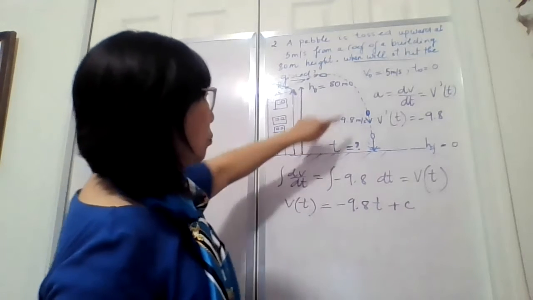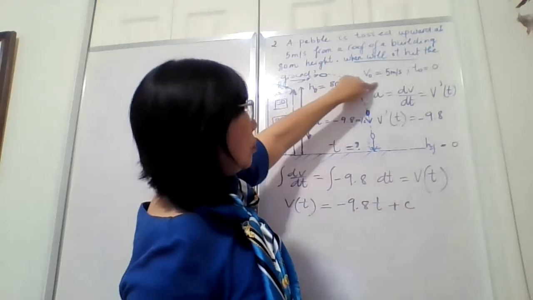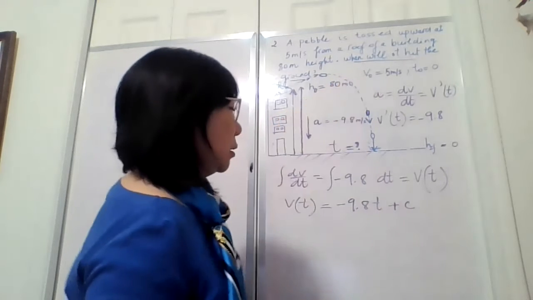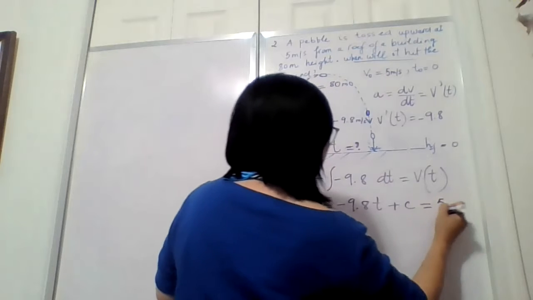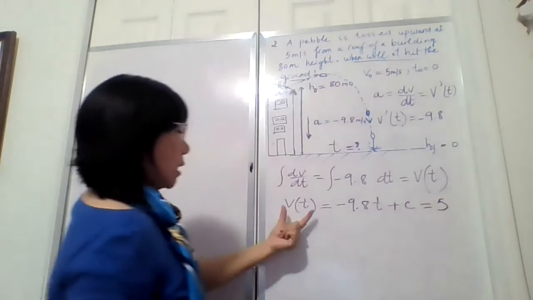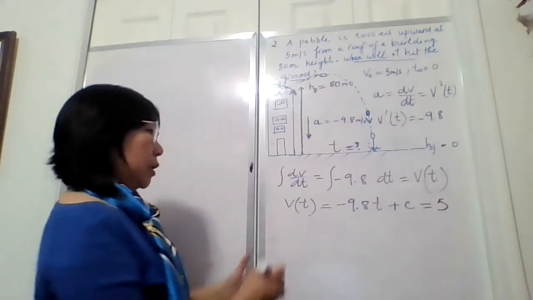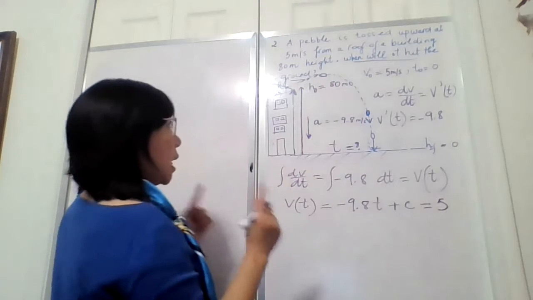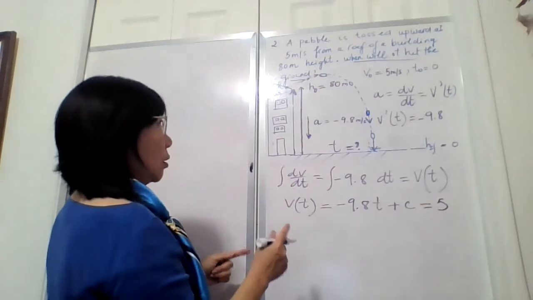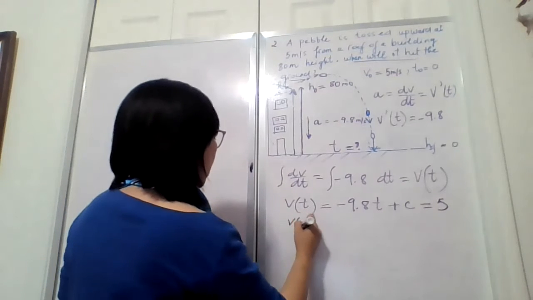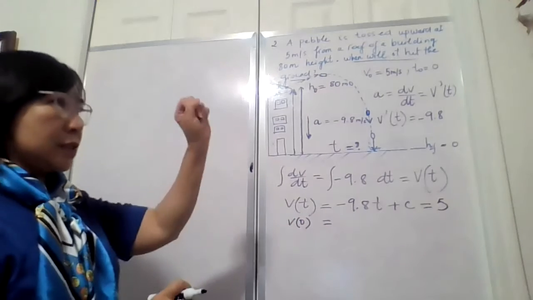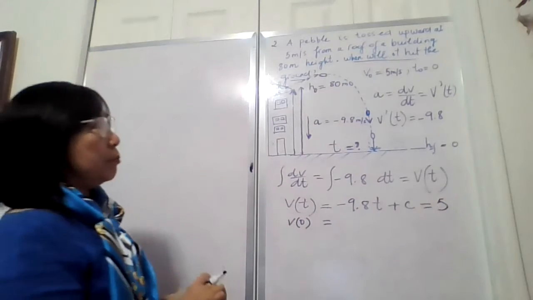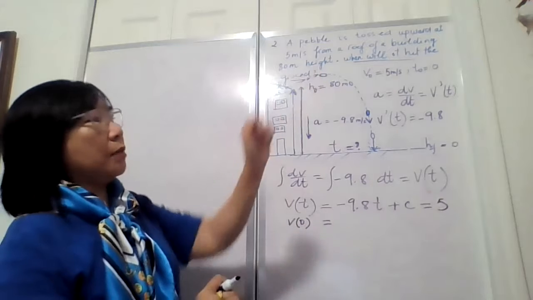Let's try. So we know that our initial velocity V0 here is 5 meters per second. That's the given information. So I'm going to make this equal 5, because that's our velocity at the beginning, and that is when the time equals 0. So we substitute time equals 0 because that's the starting time when the pipette just left the hand.